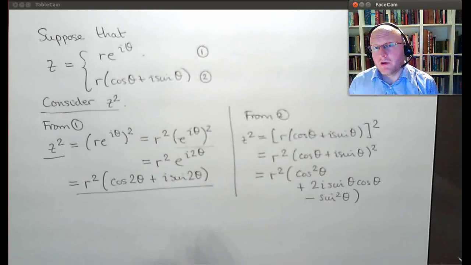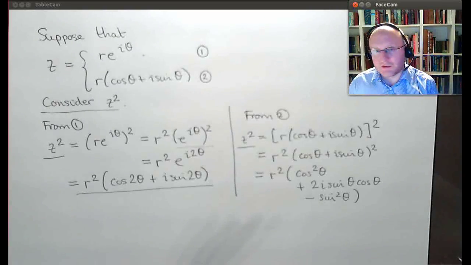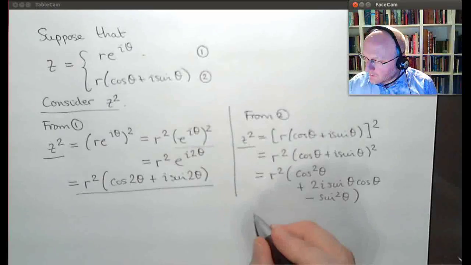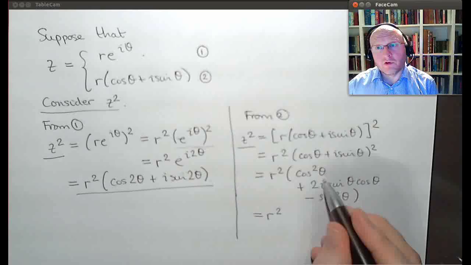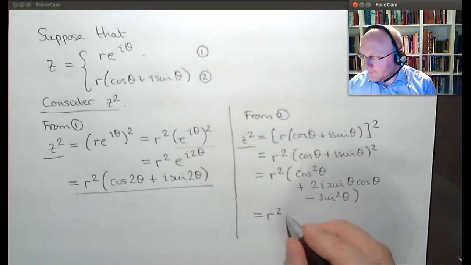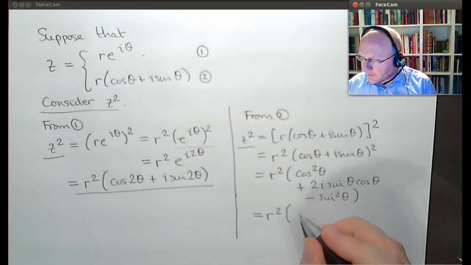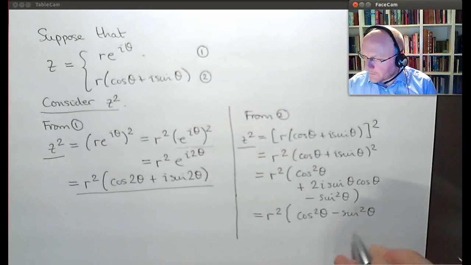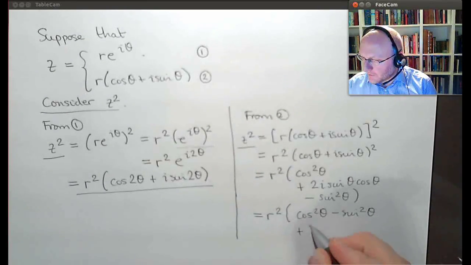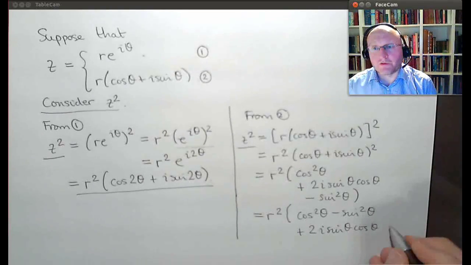Okay, so the point here is that we've now got two different expressions for the same quantity, z squared. I'm just going to write this one out again, collecting together the real and imaginary parts. Collecting together the real part gives me cos squared theta minus sine squared theta, and that leaves us with the imaginary part 2i sine theta cos theta.